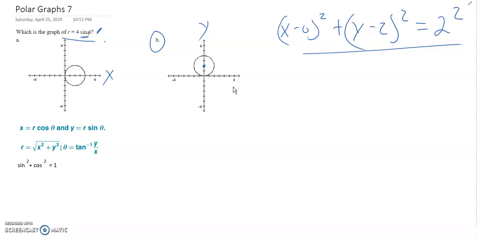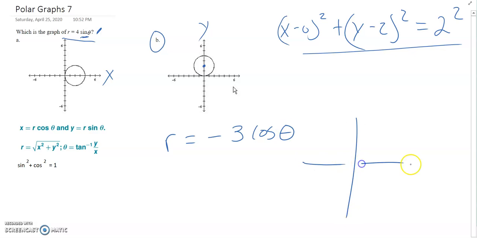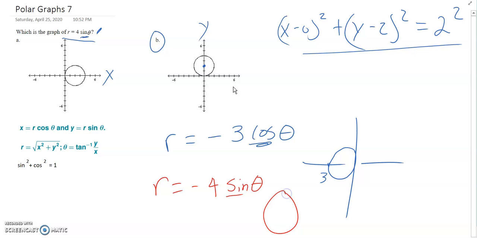If it was negative, like r equals negative 3 cosine theta, that's just going to go on the x-axis in the negative direction out to 3 units. That's the diameter. If you wanted r equals negative 4 sine theta, that's going to be a graph that goes vertical, negative 4 from the origin.